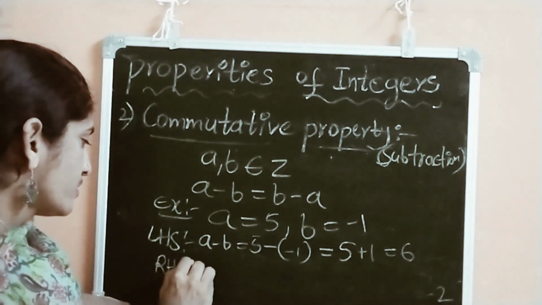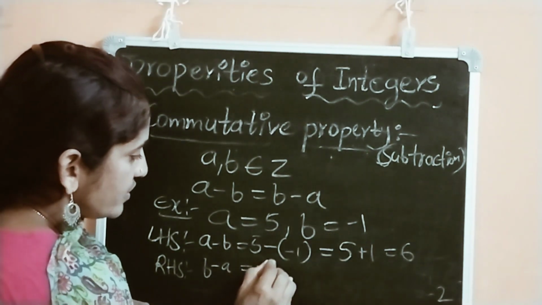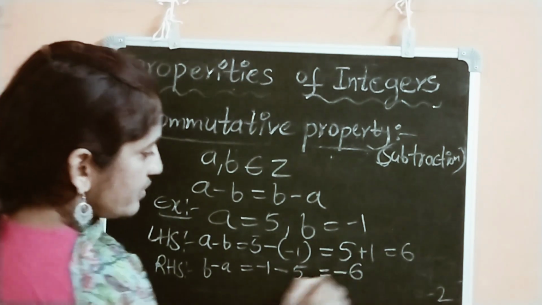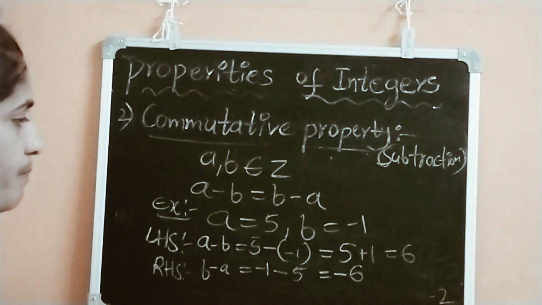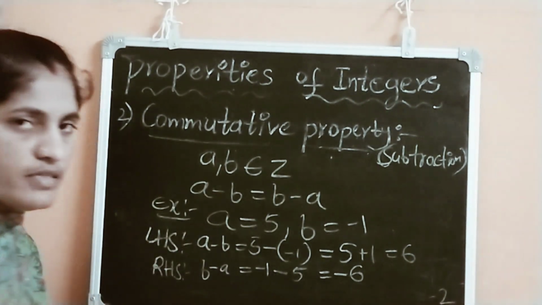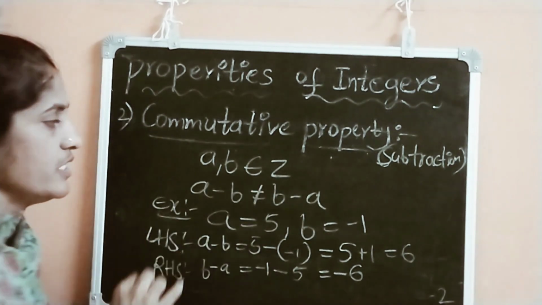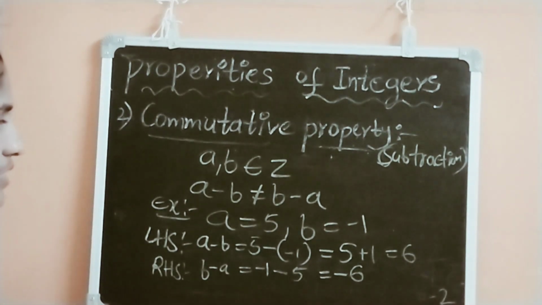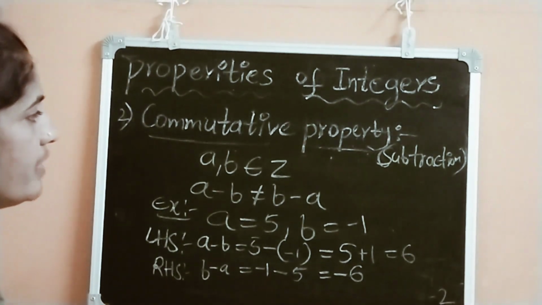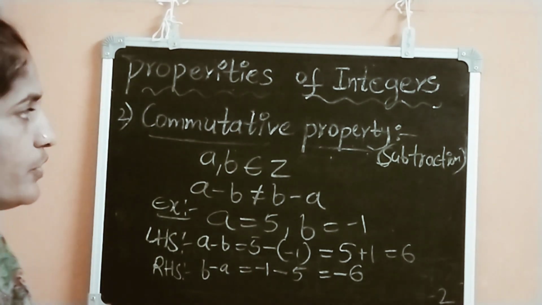Then coming to the RHS, b minus a, that is minus 1 minus 5, which means minus 6. Same sign integers we are going to add. So we are getting LHS as plus 6, RHS as minus 6. So LHS is not equal to RHS, which means a minus b is not equal to b minus a. By this we can generalize that the commutative property under subtraction is not possible in the integer system.